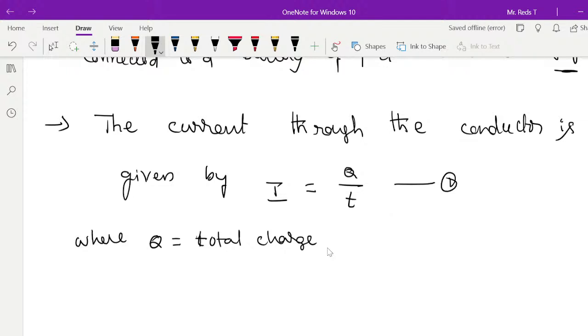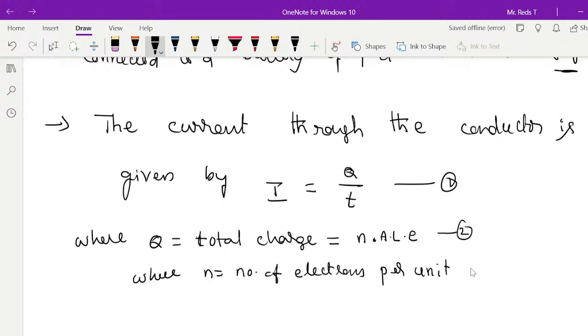That total charge is given by, if you consider small n as the number of charge carriers per unit volume, then this times the charge of each carrier e gives the total charge. So total charge is equal to n A L into e. Take this as equation 2.